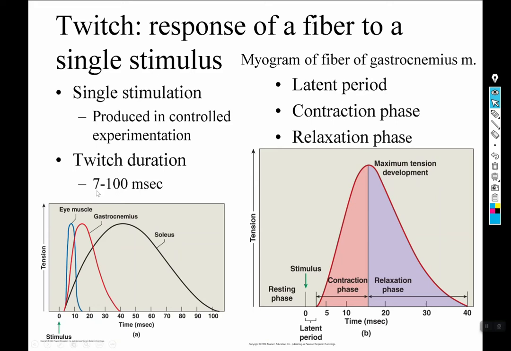We have the contraction phase, which is up to the peak, and the relaxation phase, which is when it relaxes, after the impulse has passed and the sarcoplasmic reticulum is sucking up that calcium again, and we have no additional calcium being released.